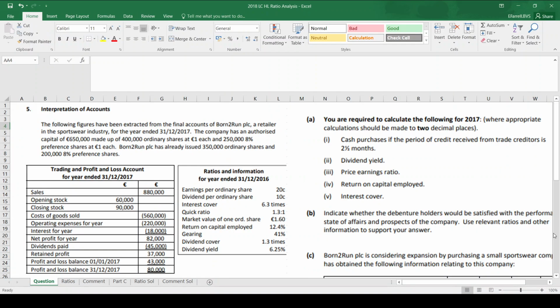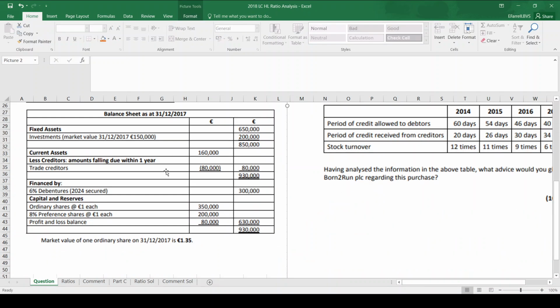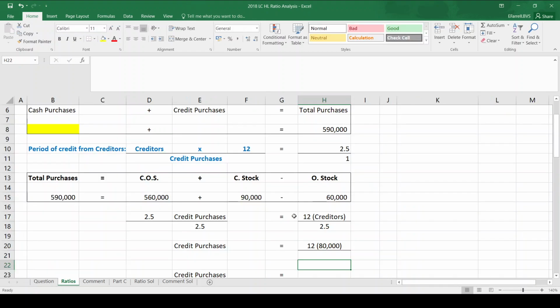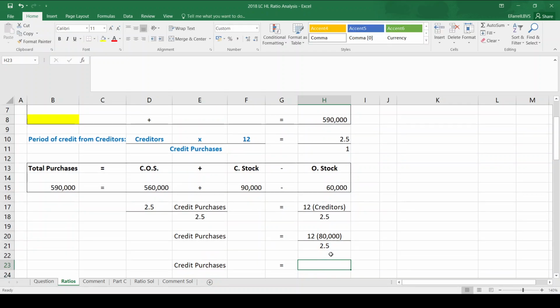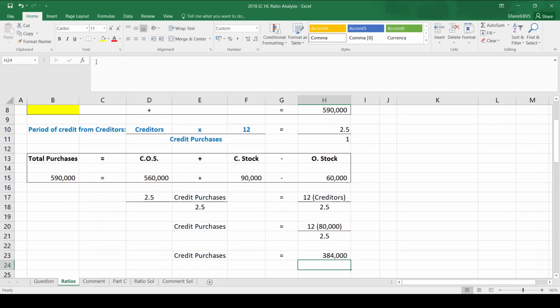Now from the question, if I go down to my balance sheet, I can see that creditors are 80,000. So it's 12 times 80,000, divided by 2.5, which is 384,000.